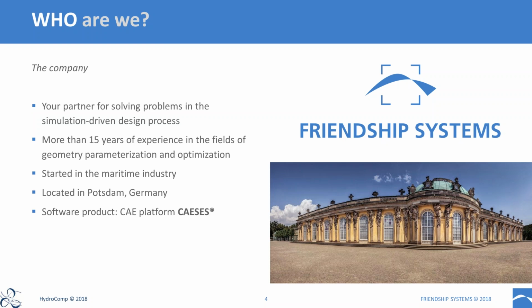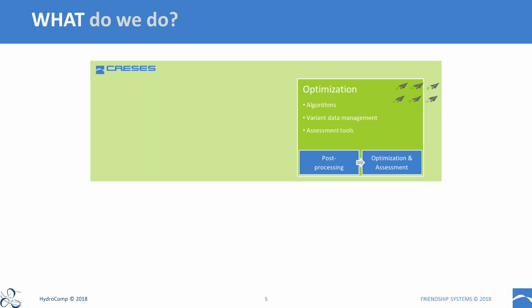Our main business is a software product, which is a CAE platform called CAESES. I want to tell you a little bit more about that. So what is it that we do with this software? CAESES is mainly composed of two components. The first one is everything that has to do with the optimization process.